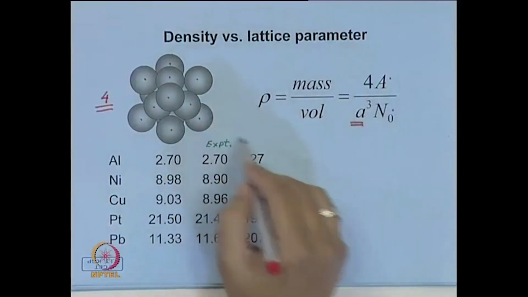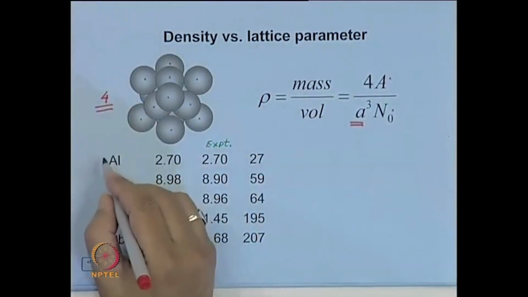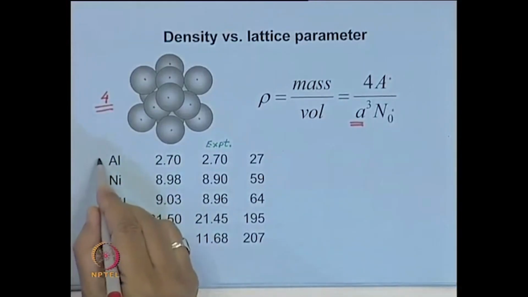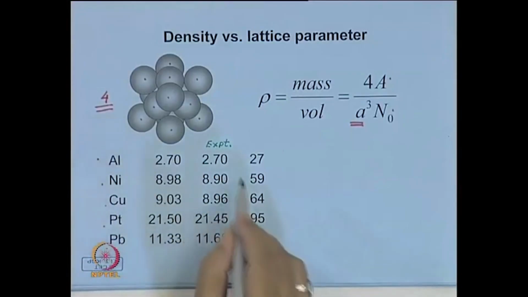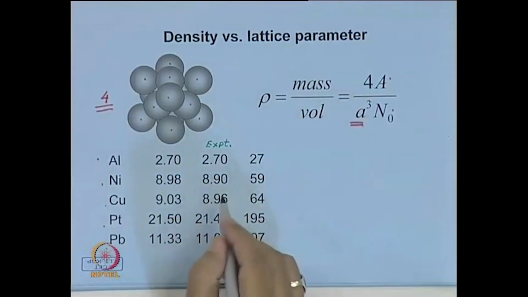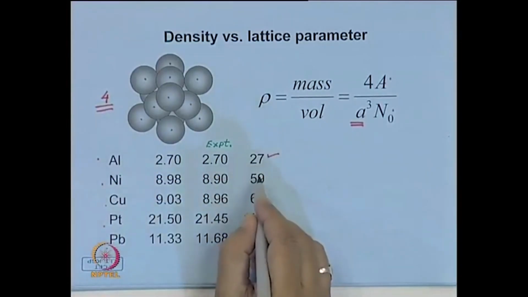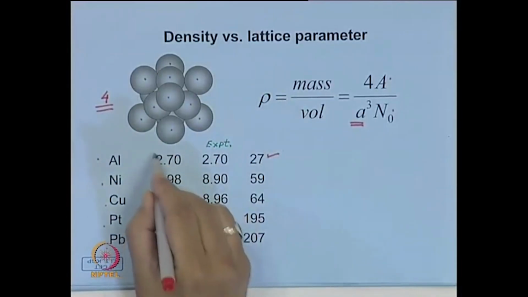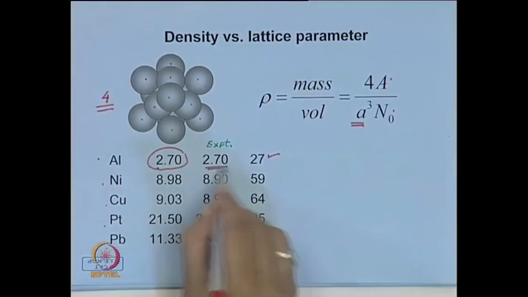If you repeat this calculation for several elements which have face centered cubic structure, which are listed here, say aluminum, nickel, copper, platinum, lead, the results are shown here. For aluminum, its atomic weight is 27 and the density you find by this is 2.7, and the experimentally determined density is written here.